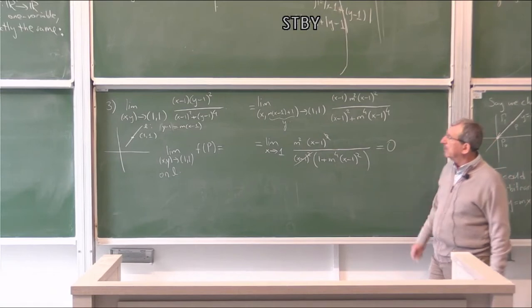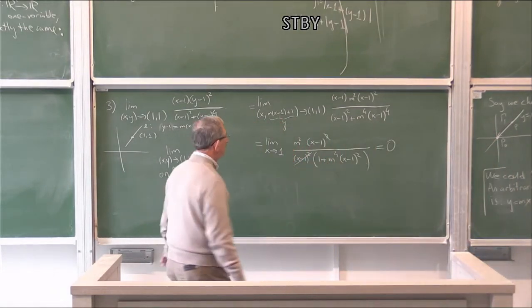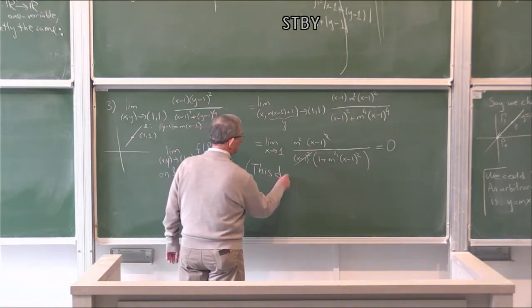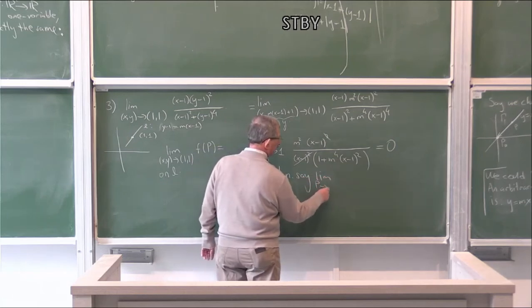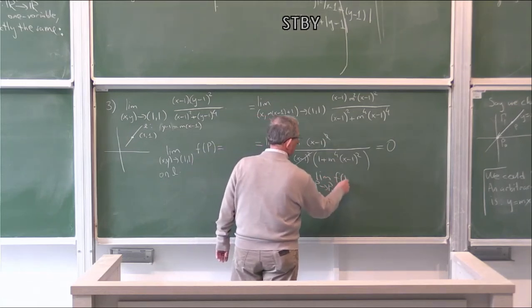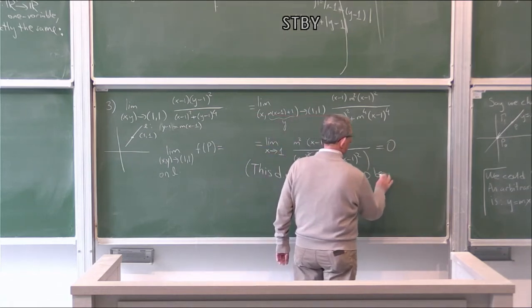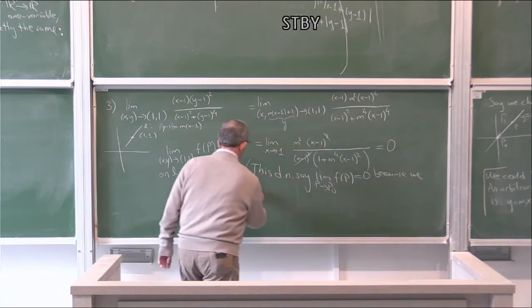But it also does not say there is a limit. Namely, this does not say that the limit as p goes to p0 of f of p is 0, because we did not check all curves.